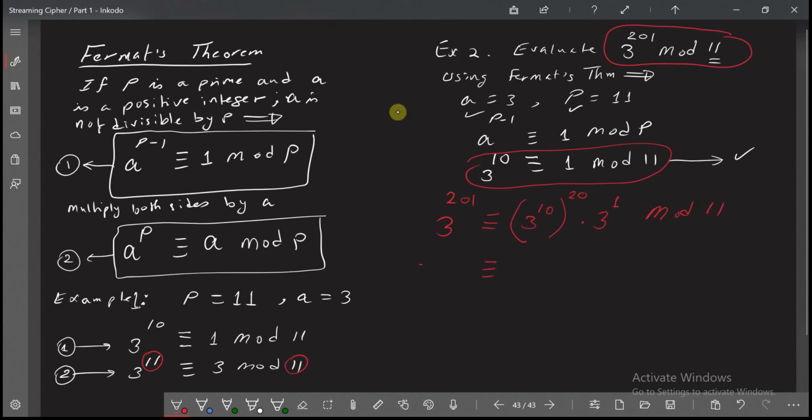We already have 3. Now let's find out what this is.